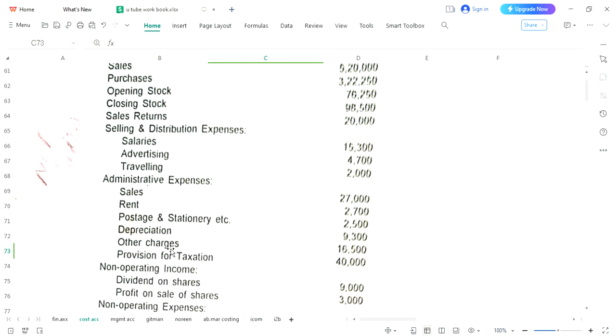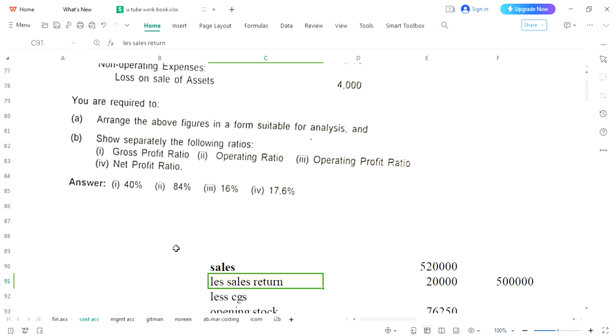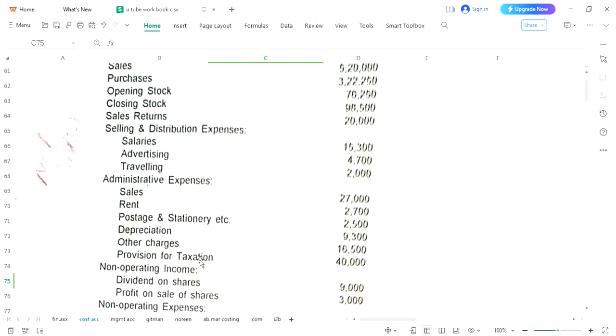After that we have other charges and taxation. So guys, in this way all operating expenses have been written.